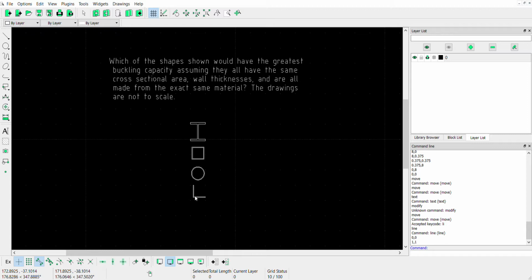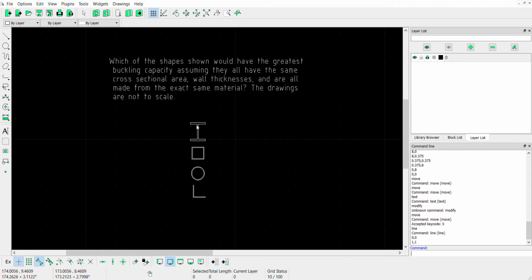Let's see, so we have to know a little bit about buckling. When you calculate the buckling load, most of these shapes will be able to buckle about one of two axes. So for example, on this I shape, under normal conditions, it is going to buckle about the weak axis.